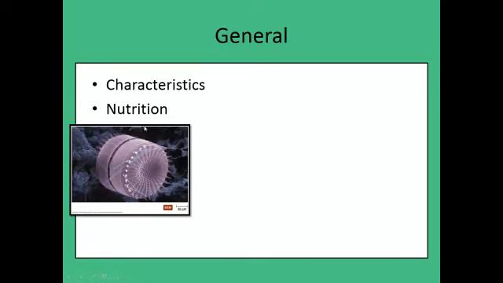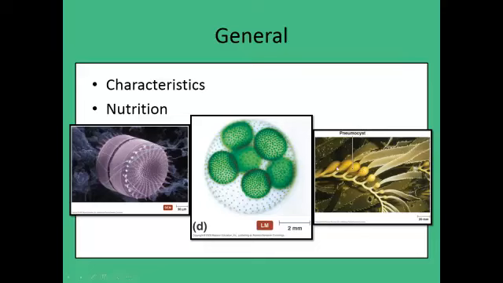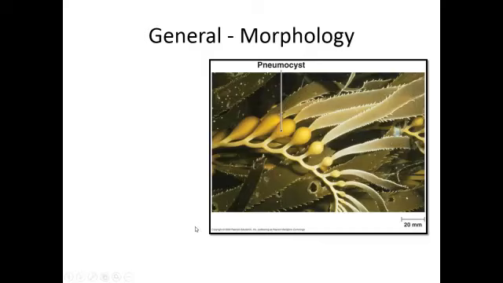Algae can come in single-celled forms, others live in a colonial fashion, and others are true multicellular organisms. All algae are photosynthetic. In other words, they get their nutrition through photoautotrophy. Like multicellular fungi, multicellular algae have a thallus, which is the body.